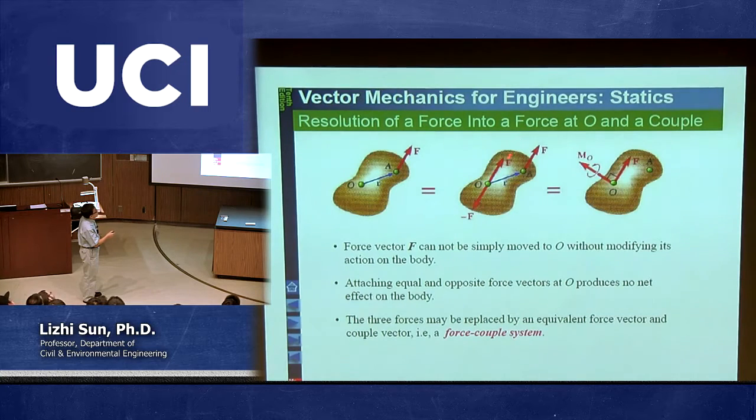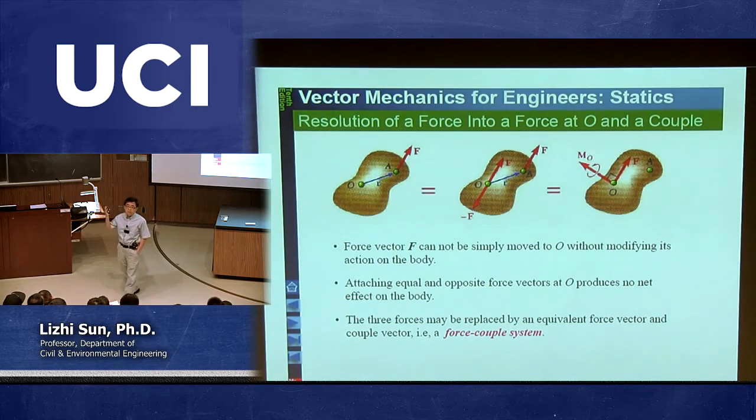The reason I'm saying virtually adding these 2 is because these 2 are canceling each other no matter what. Then from this negative F and this F, you can see these 2 special forces satisfy all the requirements of the definition of a couple.